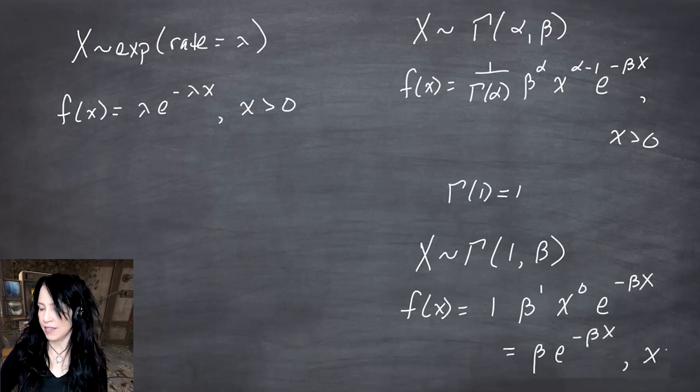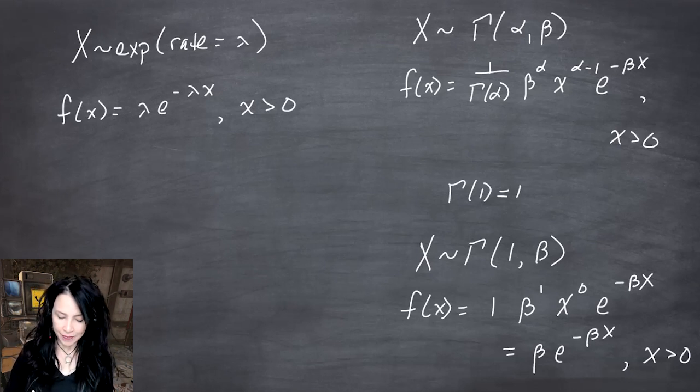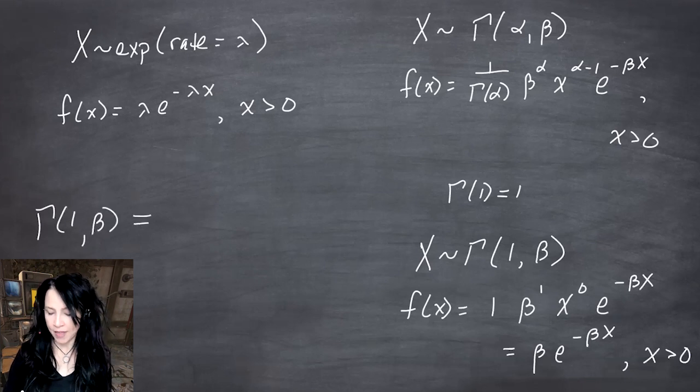And it lives on x greater than 0. And that's an exponential distribution. So we have that the gamma(1, beta) distribution is the same thing as the exponential distribution with rate beta.